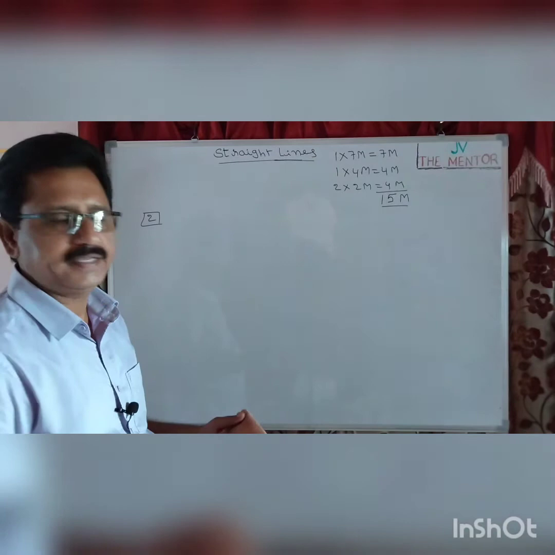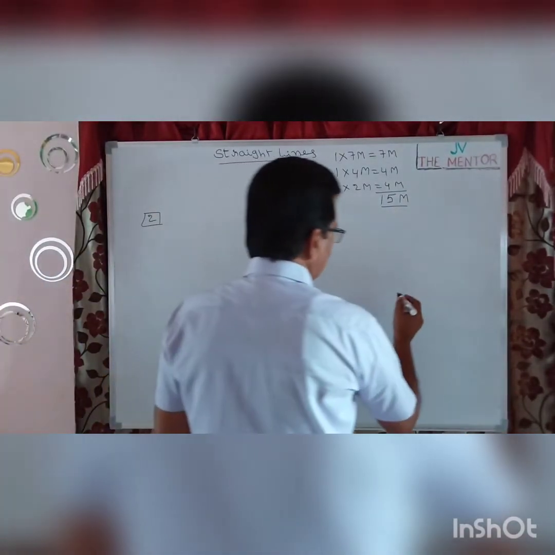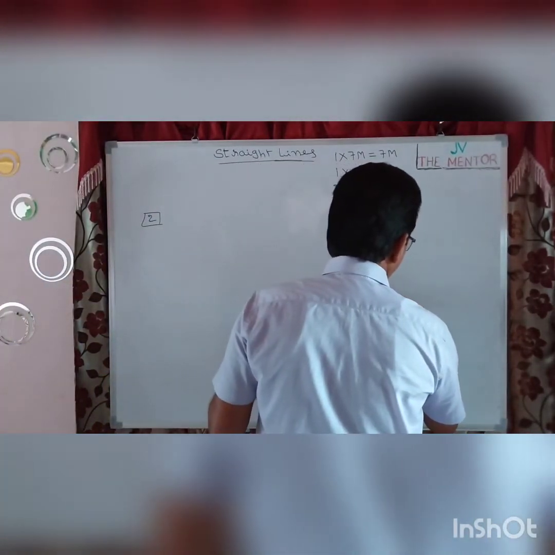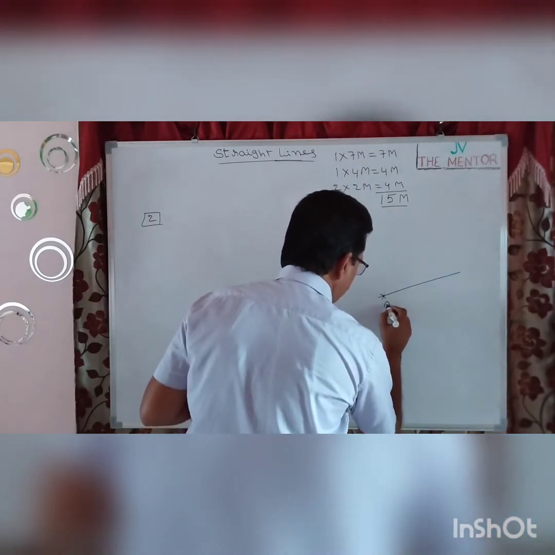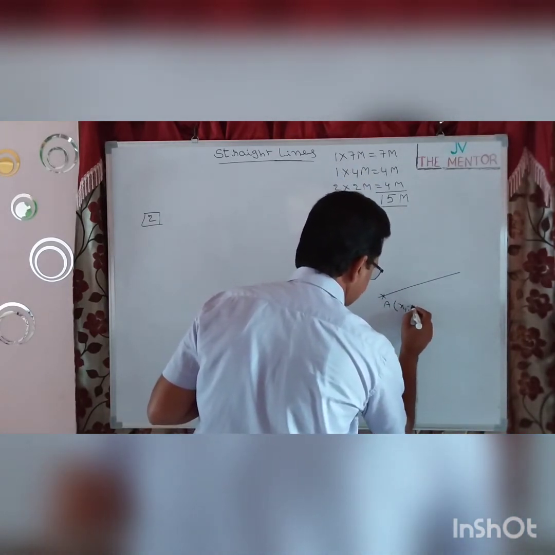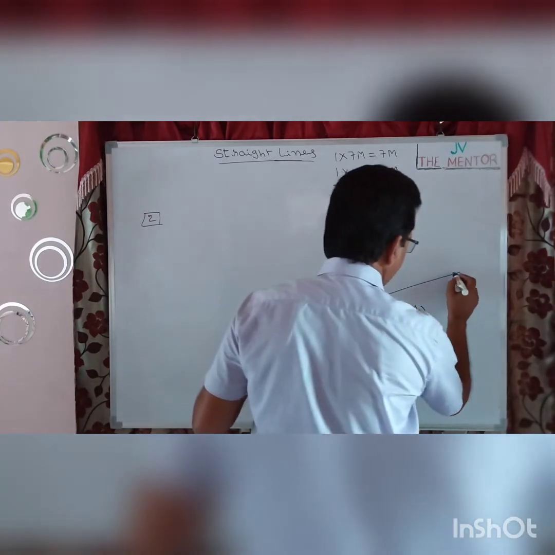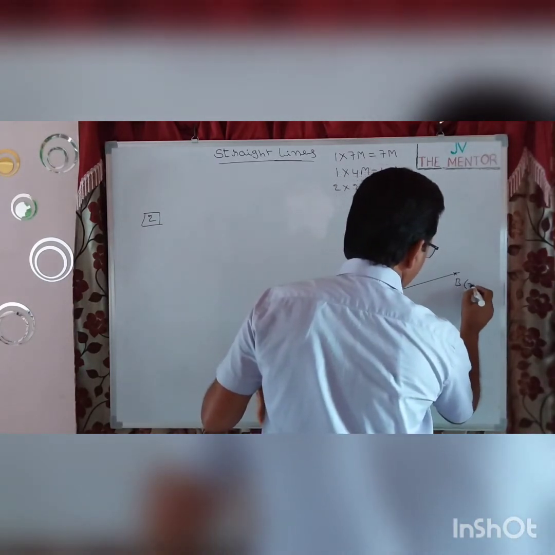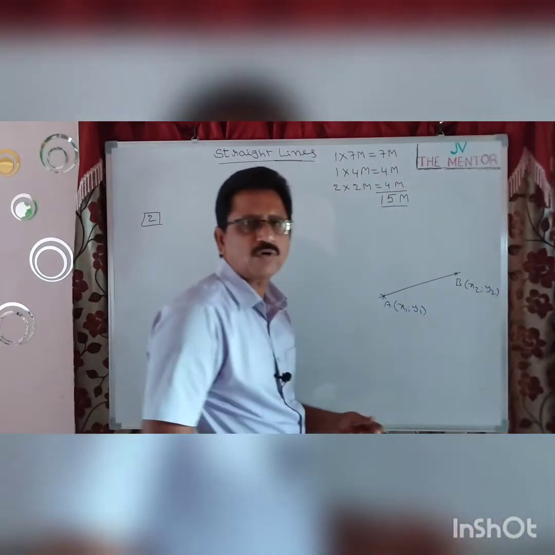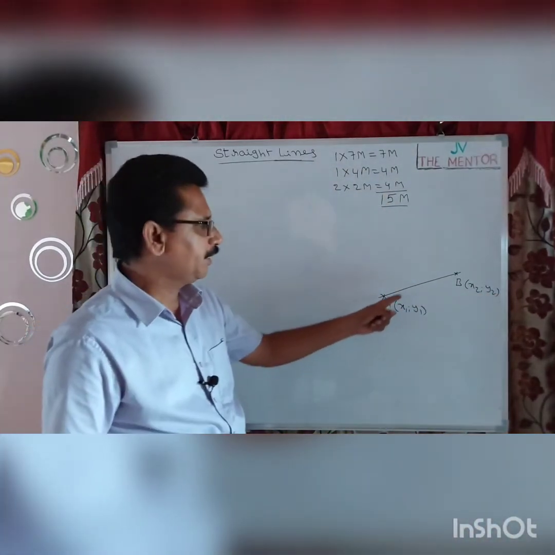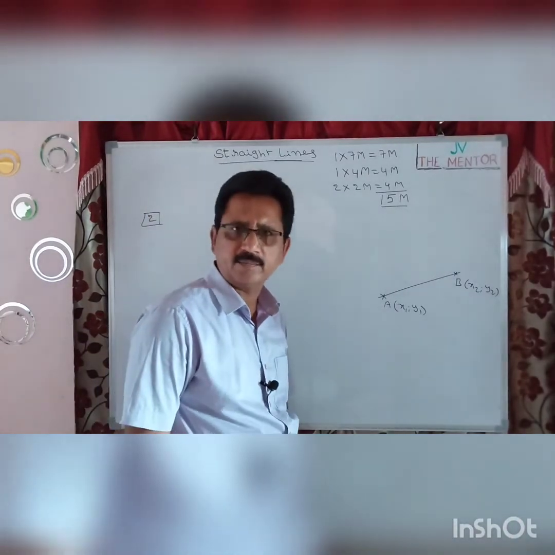The second one is, we will find the slope of the line passing through 2 points. Here A(x1, y1), B(x2, y2) are any 2 points in a plane.